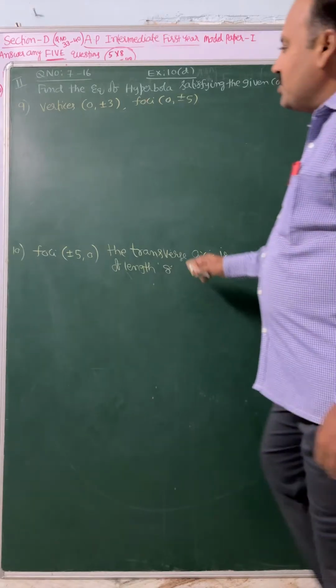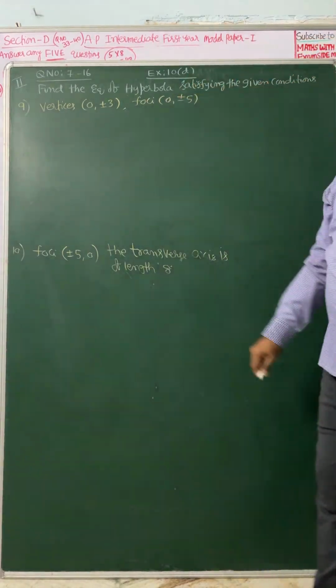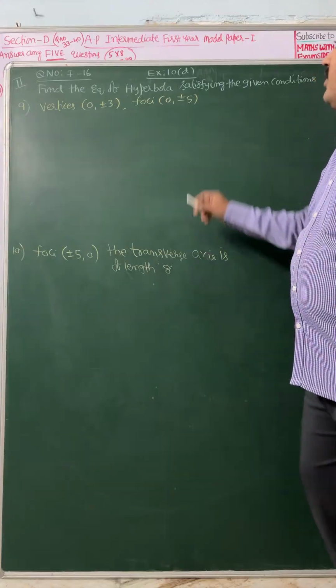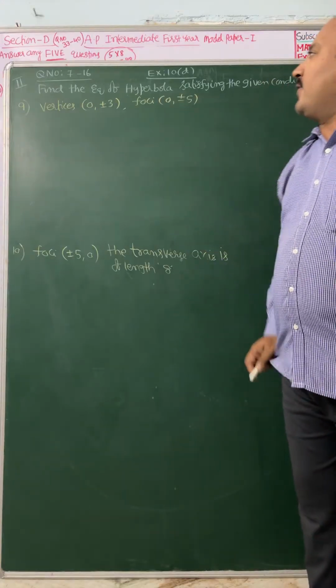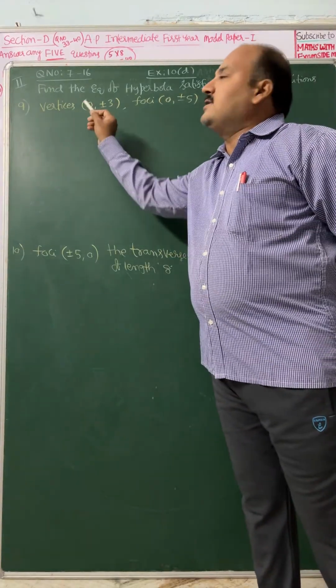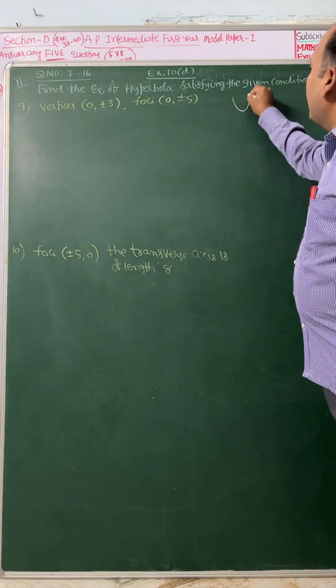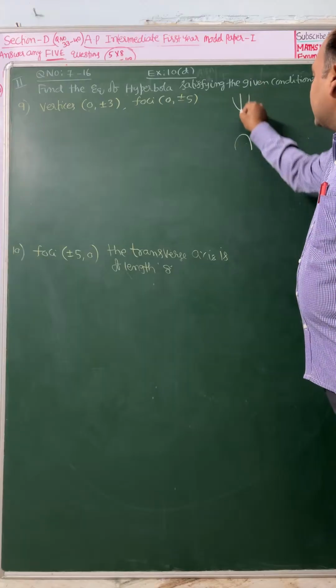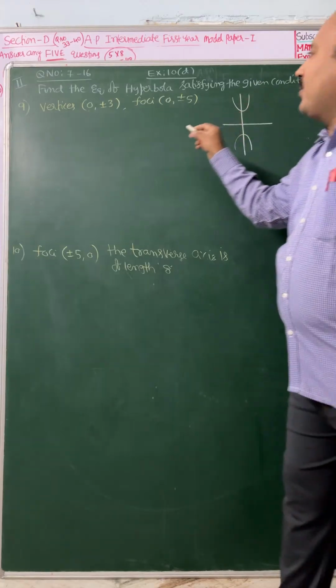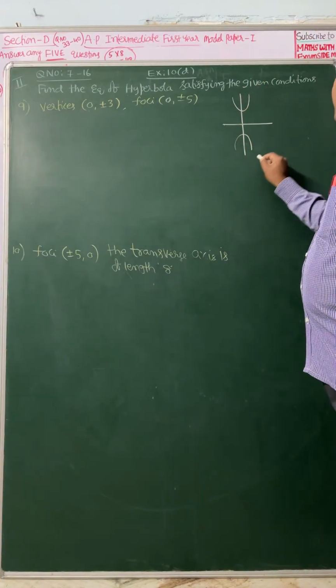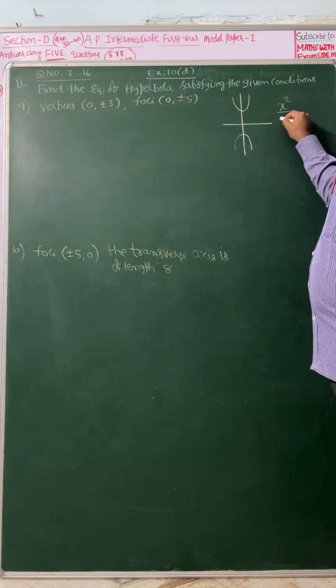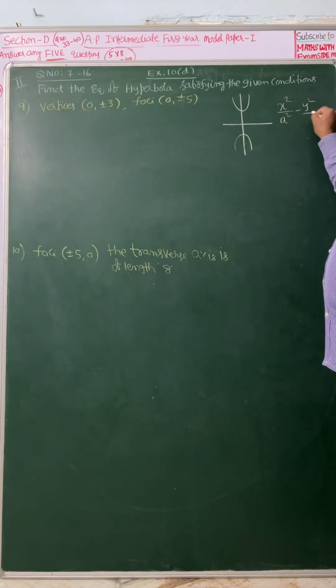Here the question is the vertices is 0, comma plus or minus 3, foci is 0, comma plus or minus 5. We observe that x coordinate is 0. So x coordinate 0 means the figure of hyperbola will be like this. So this hyperbola is of the form x square by a square minus y square by b square equal to minus 1.